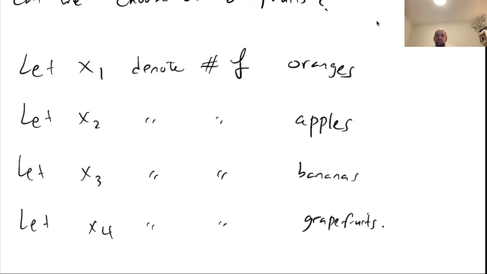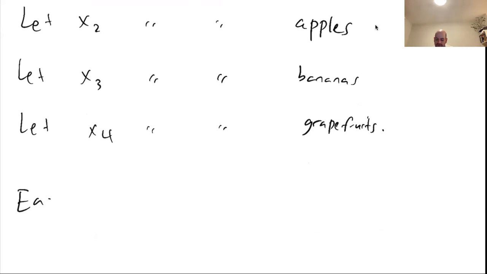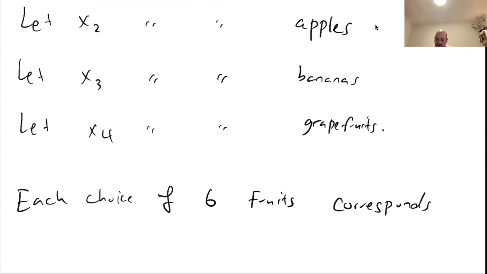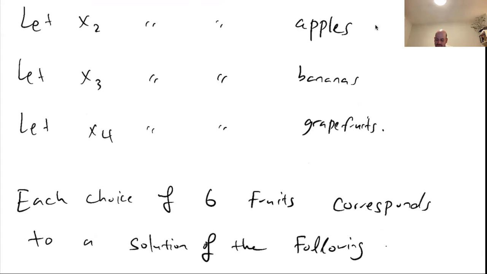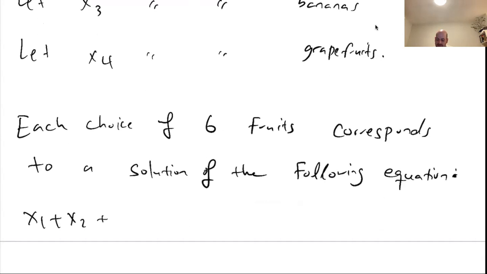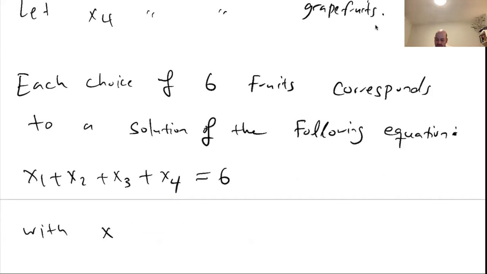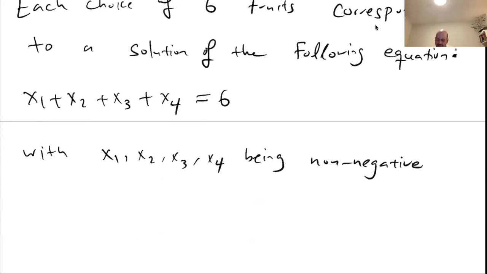Now, each choice of 6 fruits corresponds to a solution of the following equation: x1 plus x2 plus x3 plus x4 equals 6, with x1, x2, x3, x4 being non-negative integers.